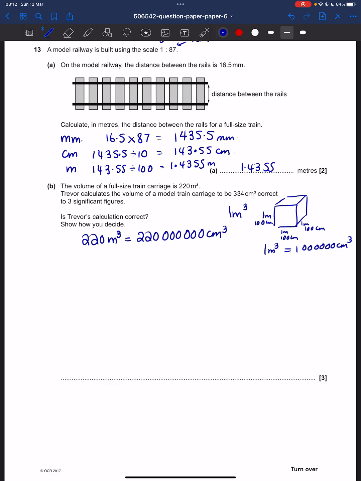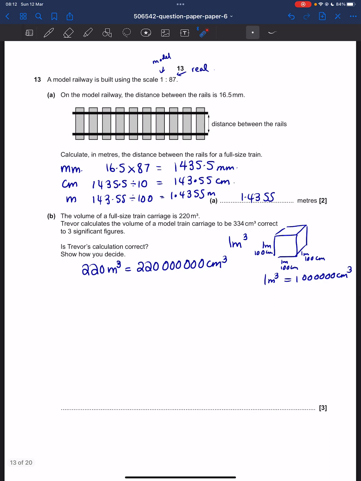Now, what we've got here is the scale 1 to 87. That means each length is 87 times bigger in real life. So to scale it down, we've got to divide by 87. But because it's a volume, the volume is made up of the 3 lengths, like I've shown over here. So the volume scale factor is 87 cubed.